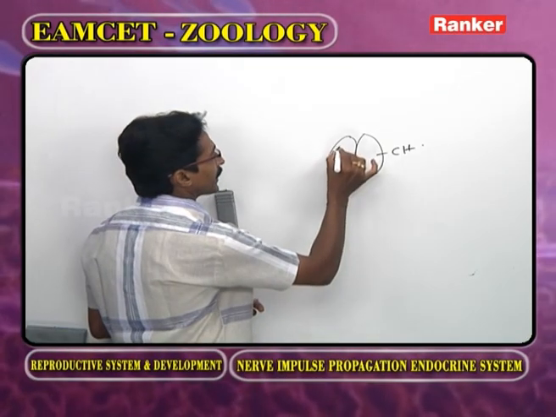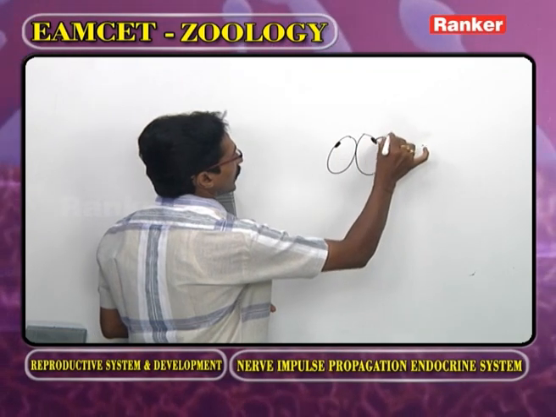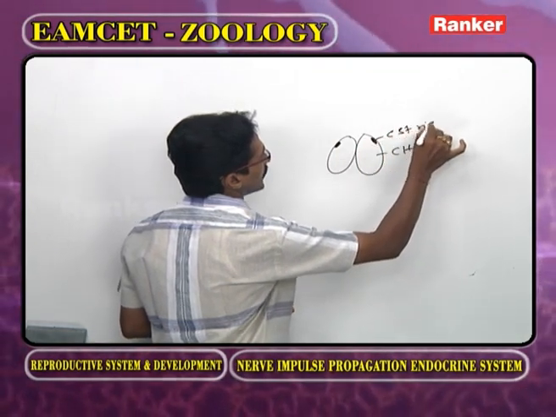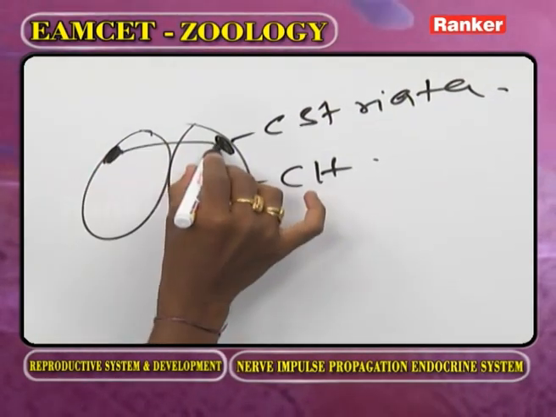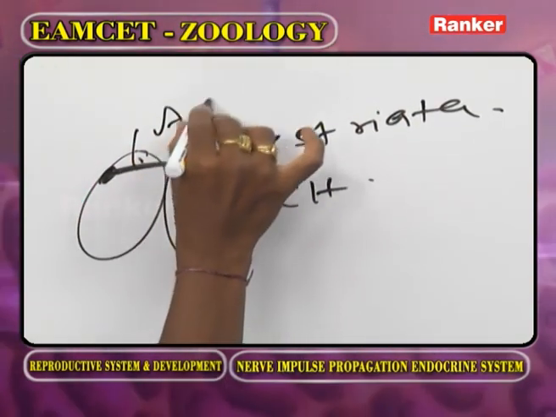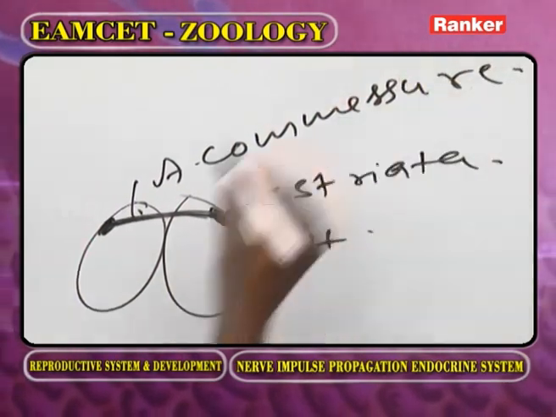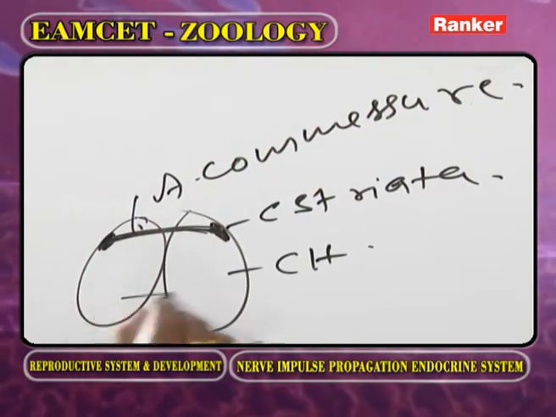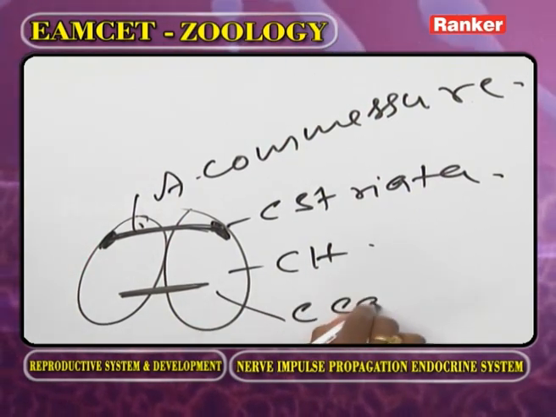In the cerebral hemispheres, one type of nerve tract we call the corpora striata. The corpora striata are connected by a nervous tissue that we call the anterior commissure. Now the cerebral hemispheres are connected by the corpus callosum.